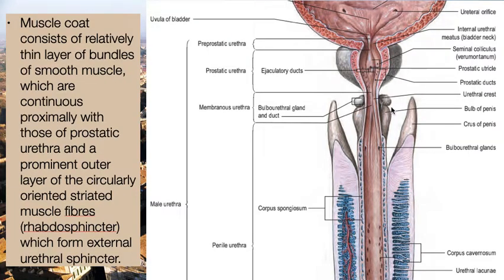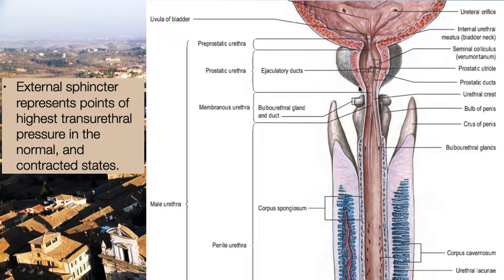The muscle coat consists of a relatively thin layer of bundles of smooth muscle cells which are continuous proximally with those of the prostatic urethra, and a prominent outer layer of circularly arranged striated muscle fiber called the rhabdosphincter, which is forming the external urethral sphincter. The external urethral sphincter represents the point of highest transurethral pressure in the normal and in contracted states.